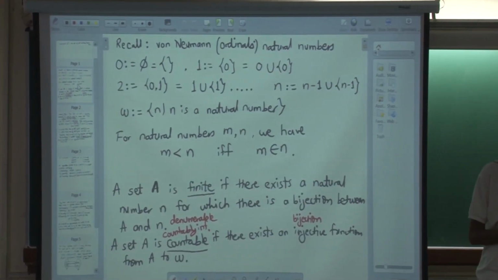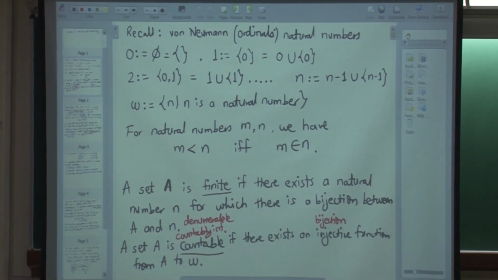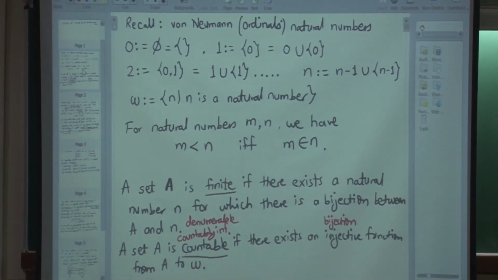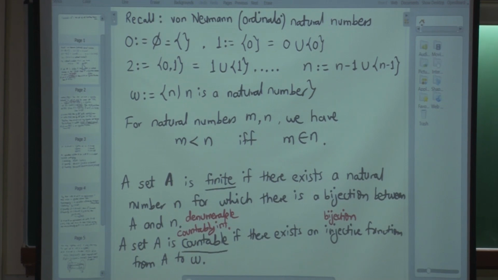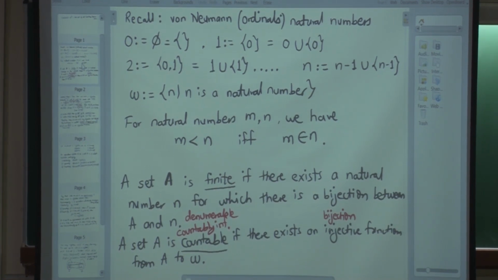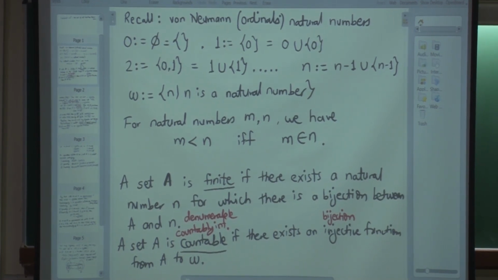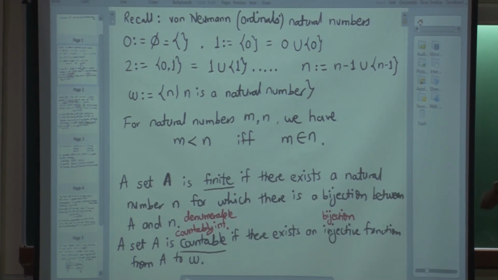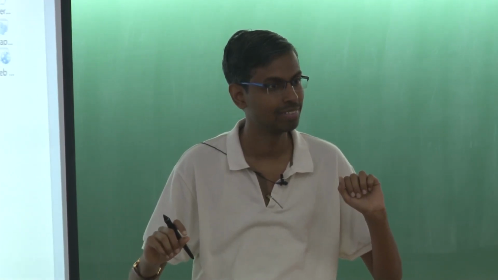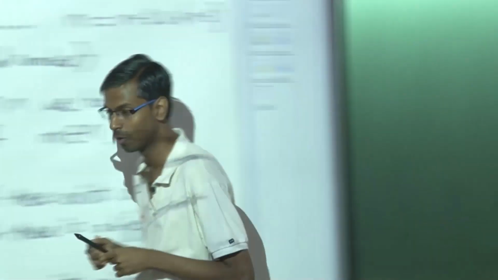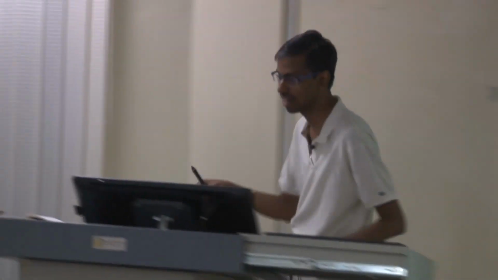There will be a proper class of von Neumann ordinals, and we'll select some of them and call them cardinal numbers. If a particular ordinal is in bijection, is equinumerous with your set, then this particular cardinal number will be called its cardinality. Understood? There is still some way to go before we can define cardinality.